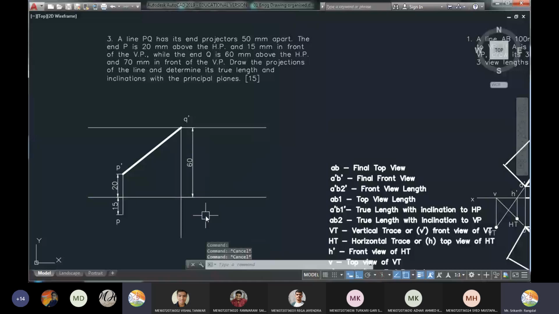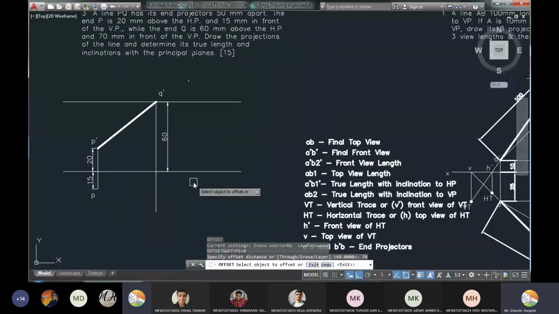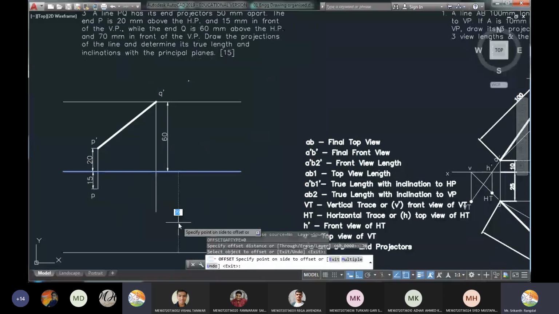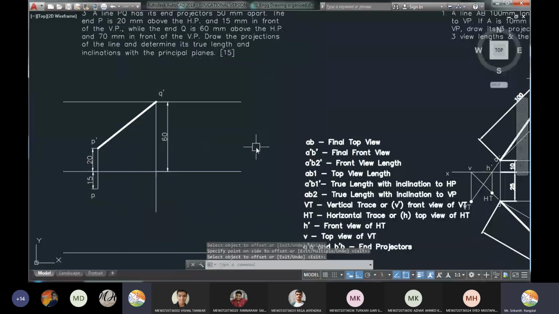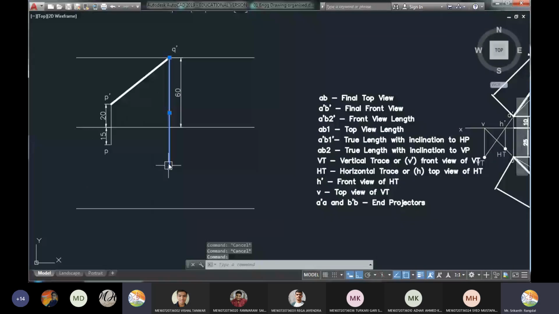Again I will take offset, 70, enter. Then I will take offset of this line on the lower side. Then I will extend. I can use the extend command, or just select this and drag this point till it is perpendicular to the line. So the work of these two lines is over.